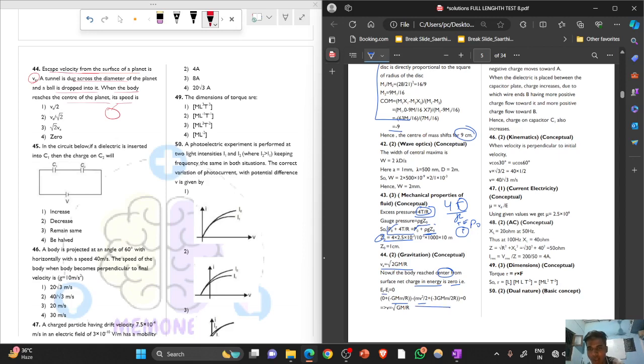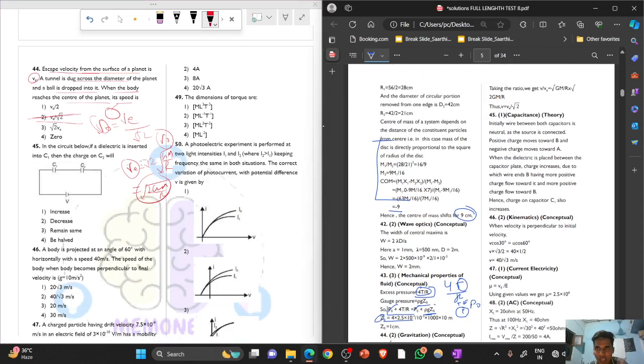So putting the value in energy conservation, you get the value of v, which comes out to be under root of 2GM by R. It's simply root 2 times the orbital velocity, or you can say the orbital velocity is escape velocity upon root 2, or escape velocity equals root 2 times the orbital velocity, that is under root GM by R. So your escape velocity is root 2 times the orbital velocity. So the orbital velocity will be escape velocity by root 2. That is option number second, the correct answer.